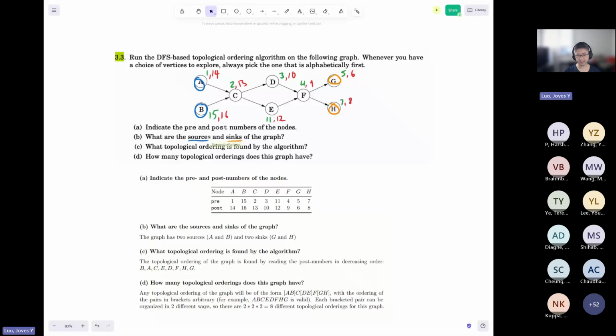No, not necessarily, because it depends on when you run your DFS, right? You look at the graph visually and go, obviously I'm just going to run my DFS from A, and then anything that doesn't have a prev is a source, because you can visually see it. Now, if I gave you an unknown graph with 1,000 vertices, there's no way to visually see that.